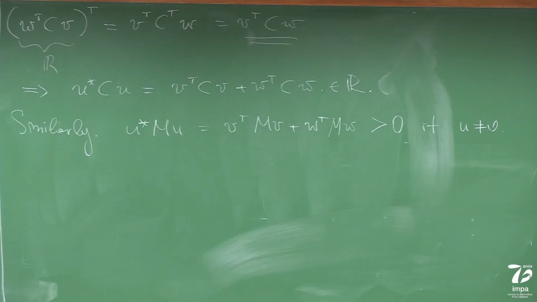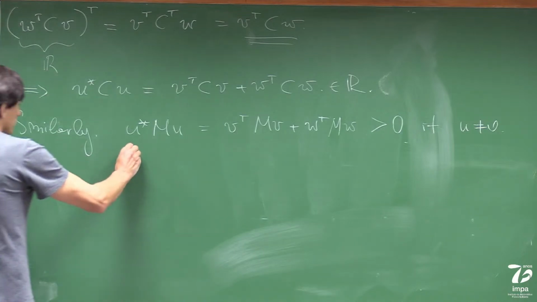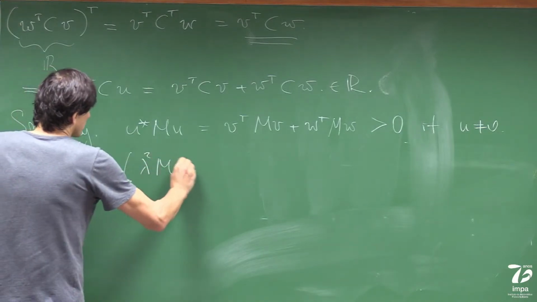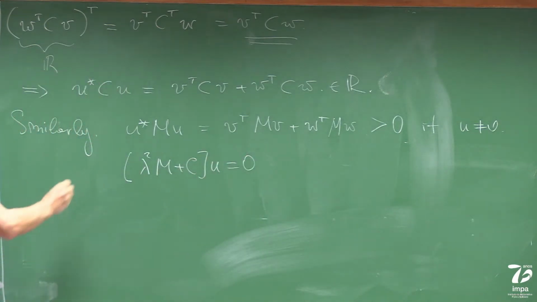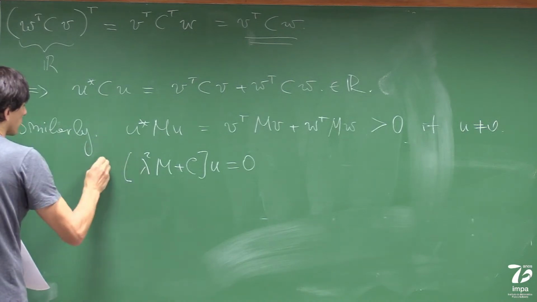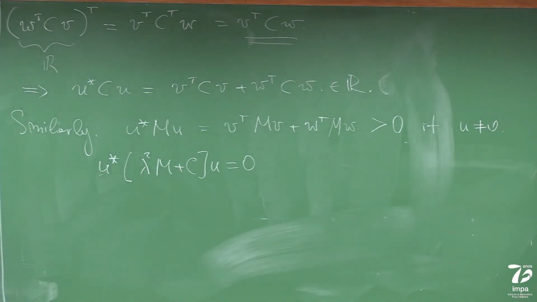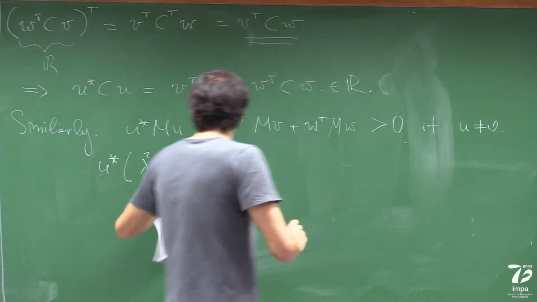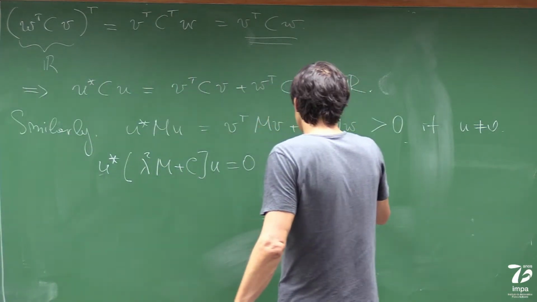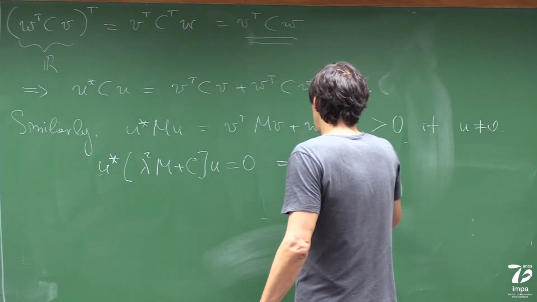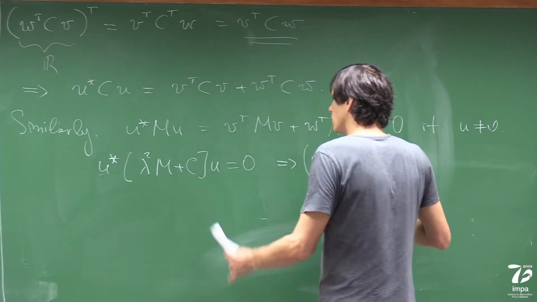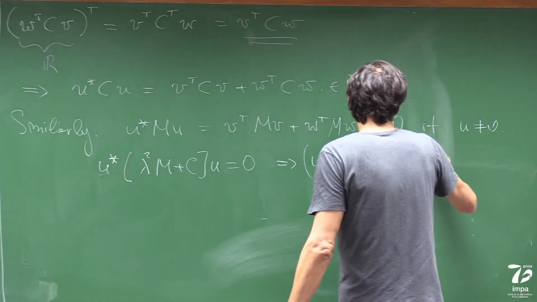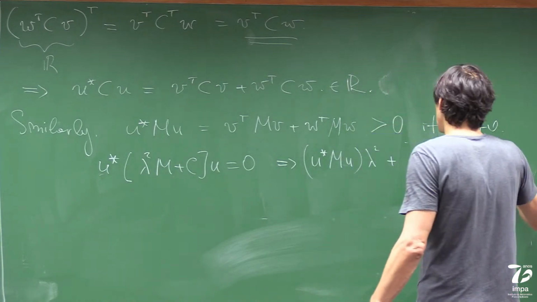Since lambda is an eigenvalue and U is an eigenvector, you take this equation. Know that it's satisfied. Since it's satisfied, we can multiply on the left by the Hermitian transpose, open the parentheses, so we get U star M lambda squared U plus U star C U equals 0, and you find lambda squared.